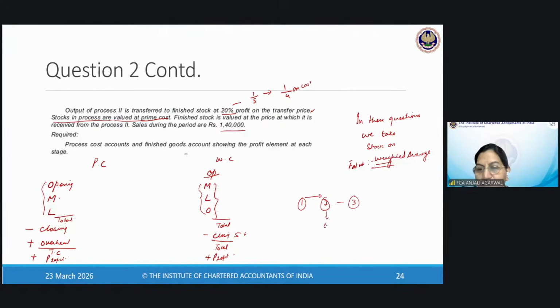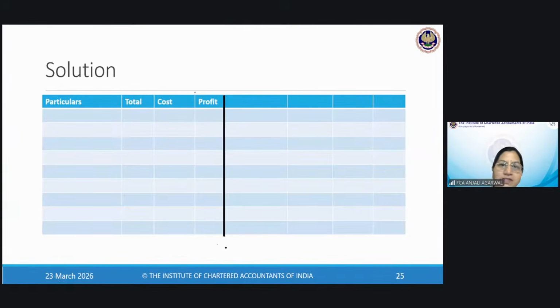But if it has a closing stock here, whatever profit process 1 earned is unrealized in this closing stock. Similarly, if this finished stock account has some closing stock, whatever the profit of process 2 was is blocked, as well as whatever the profit of process 1 was. So to calculate this simply, we prepare this statement, which makes things very simple.